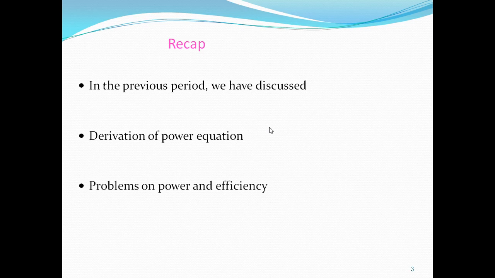In the last class, we did problems on back EMF, power equation, calculation of retardation angle, and calculation of pull out torque also. What is pull out torque? It is the torque when the motor comes out of synchronism and the motor stops.